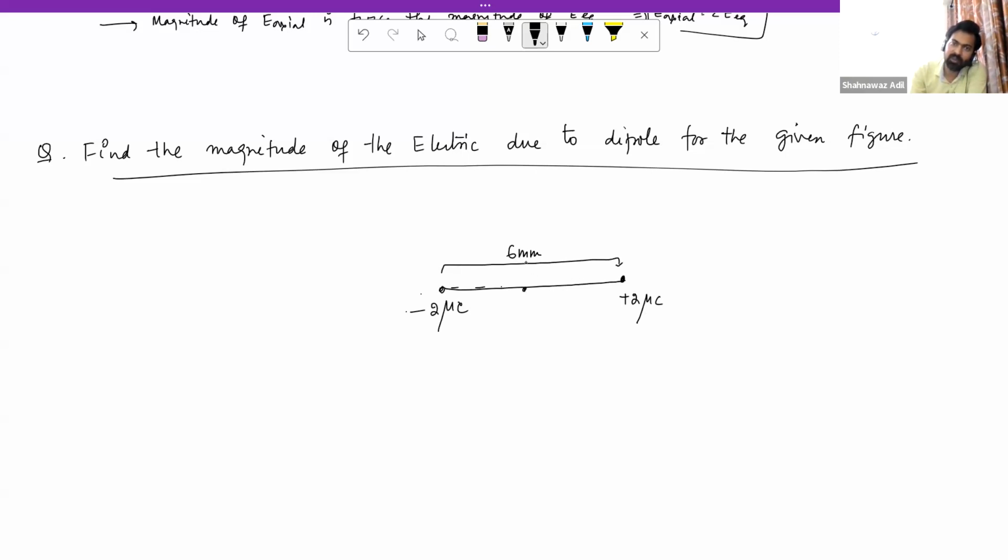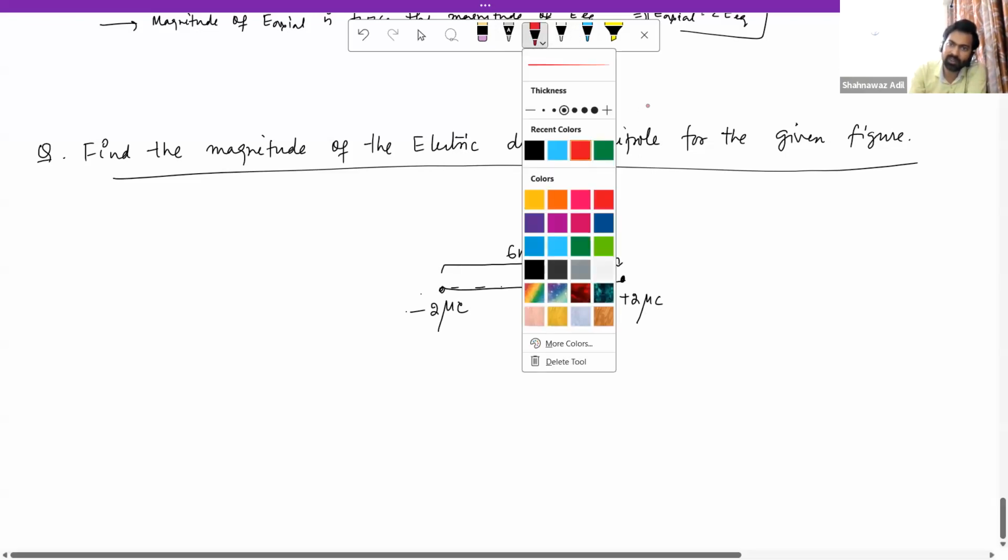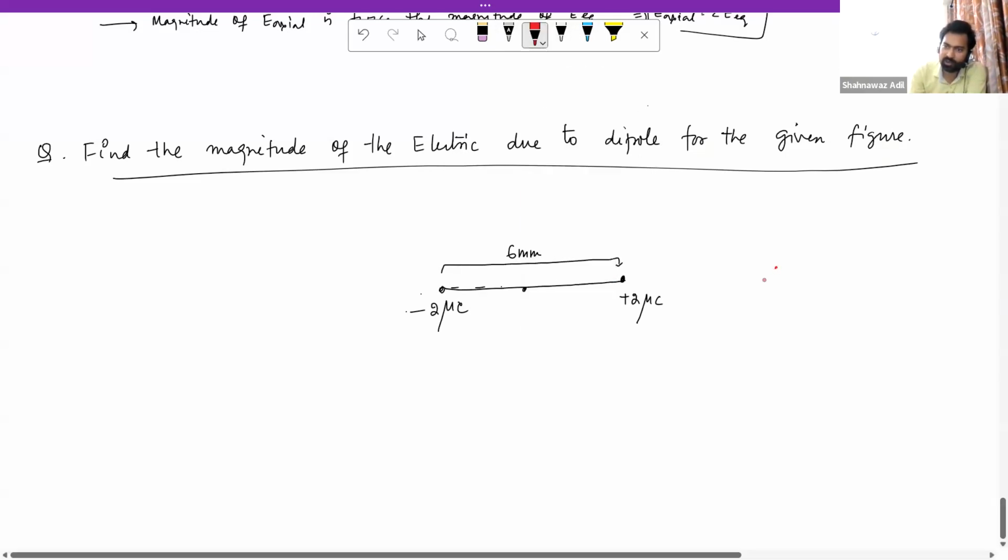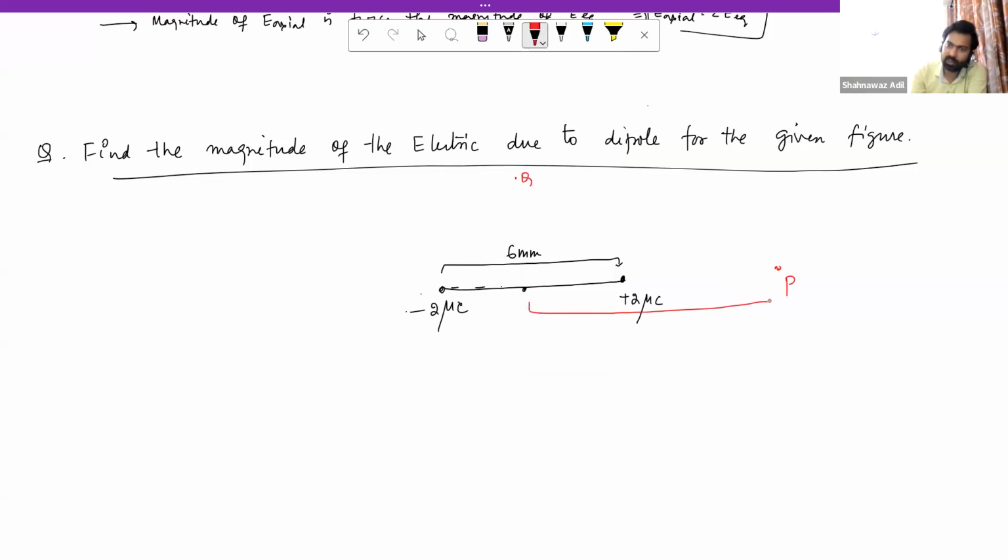And we want to find the electric field at this point P and at this point Q. This P point is, let's say, 20 millimeters away, and this Q point is 16 millimeters away.